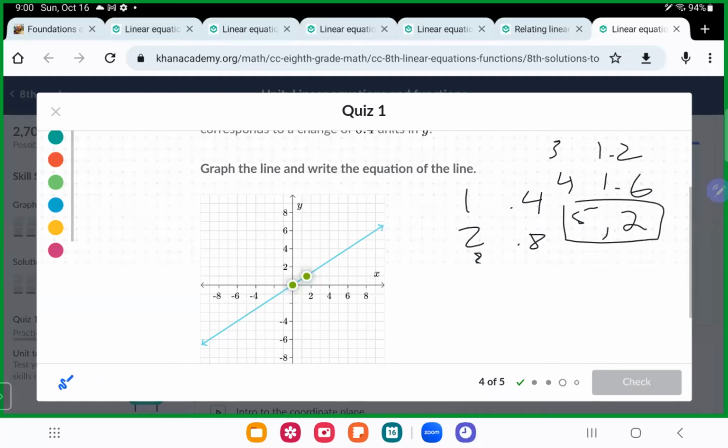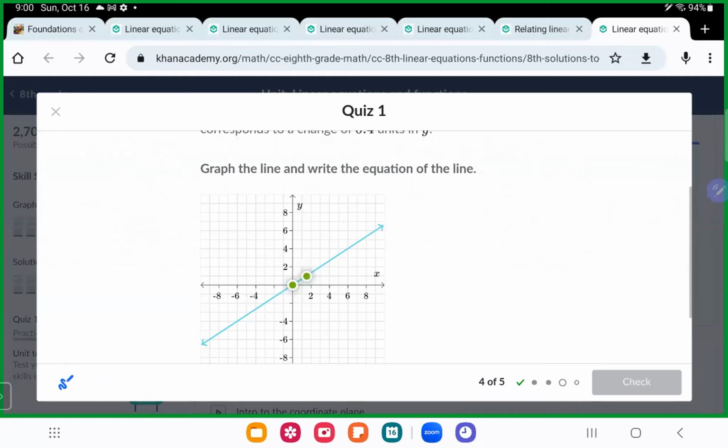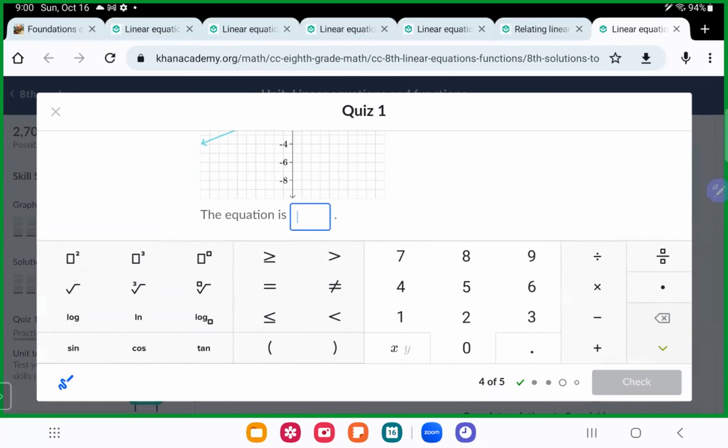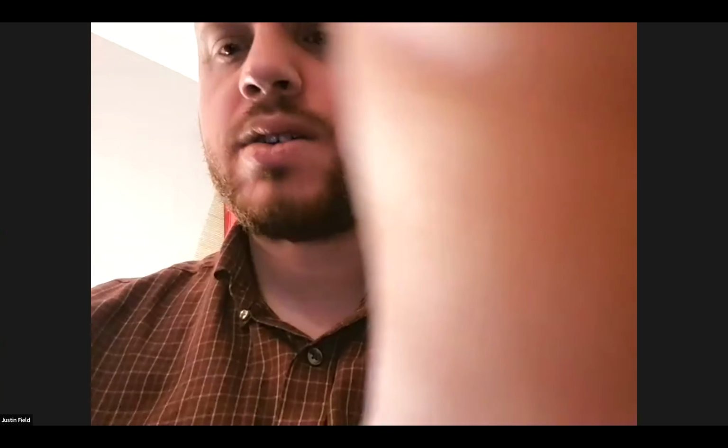That is the magical coordinate that I want to graph: 5, 2. And why? Because it's not a decimal. So there we go.